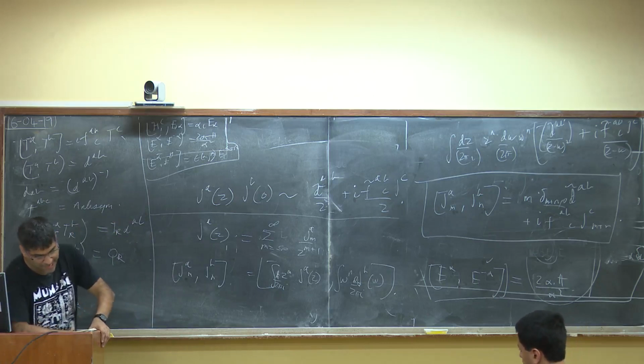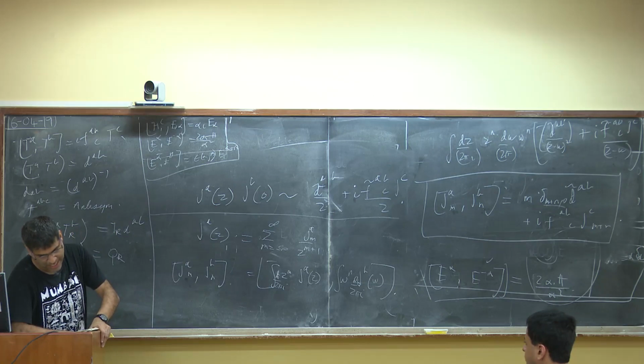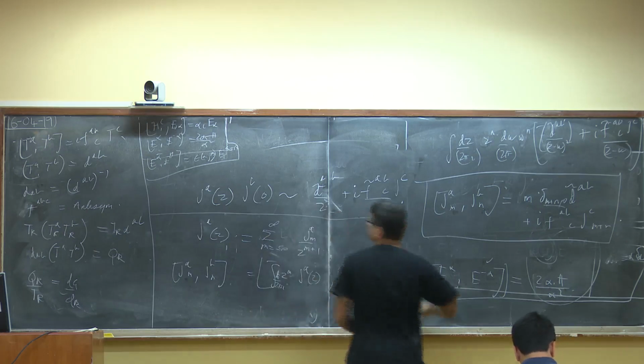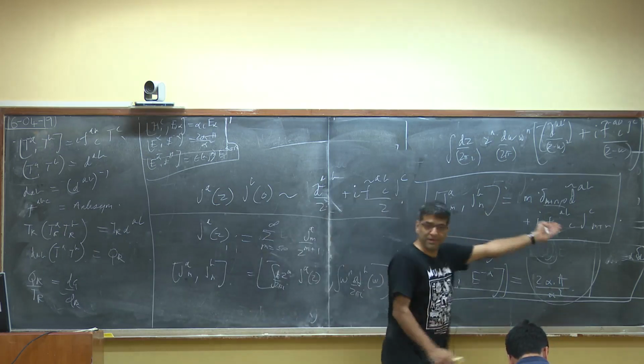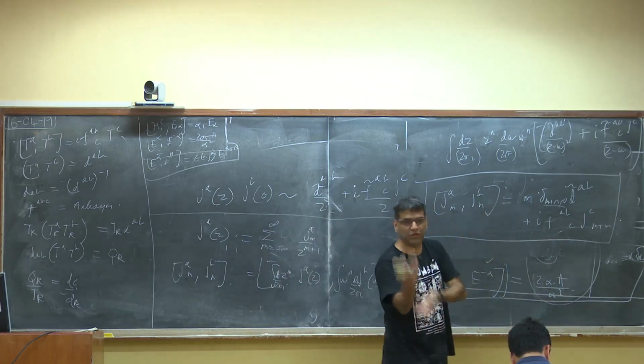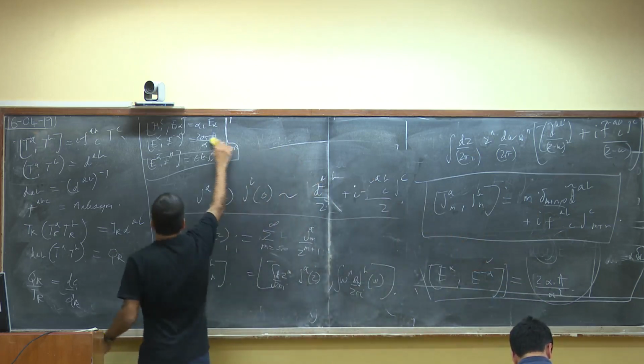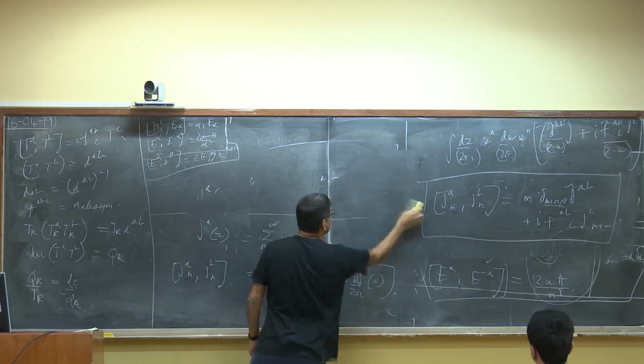Now, let us look at the Jacobi identity between J1, J0 and J minus 1. So now this is some algebra, and the algebra obeys the Jacobi identity, because the Jacobi identity is just some trivial statement about matrices.